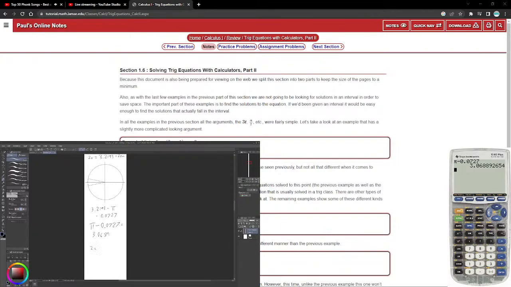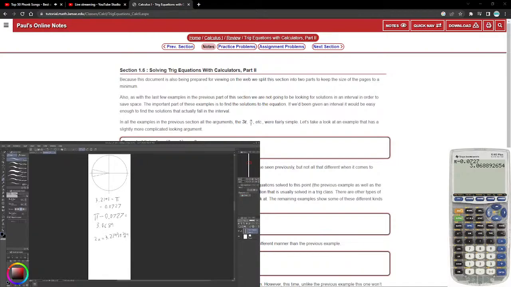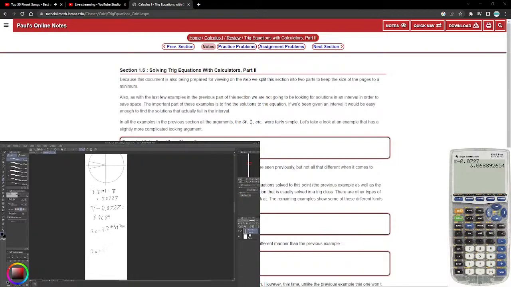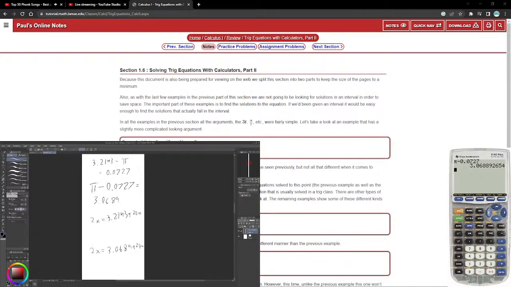So 2x equals 3.2143 plus 2 pi n, and 2x equals 3.0689 plus 2 pi n. Divide by 2.